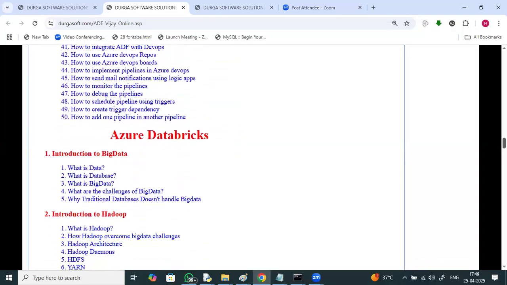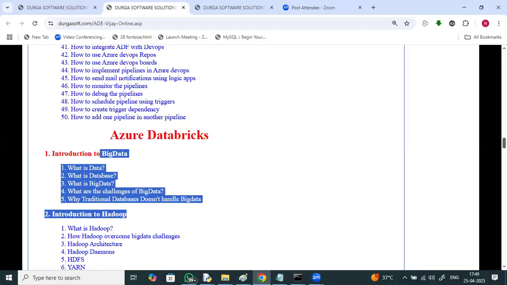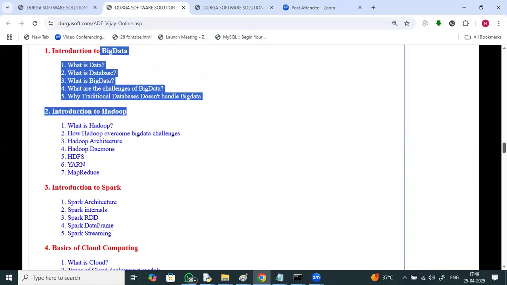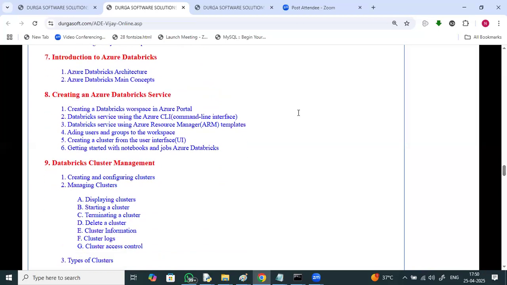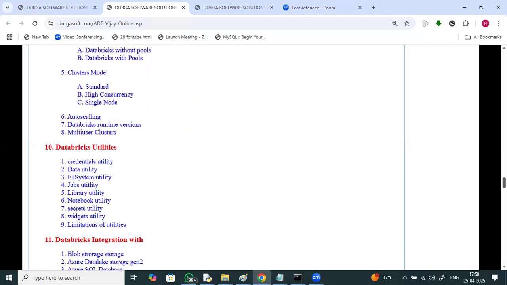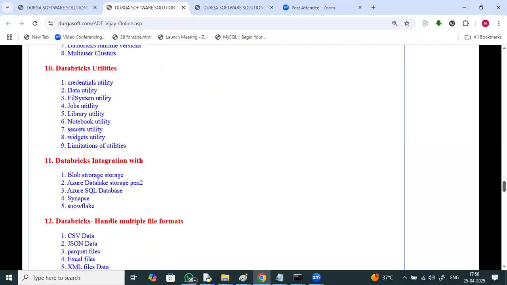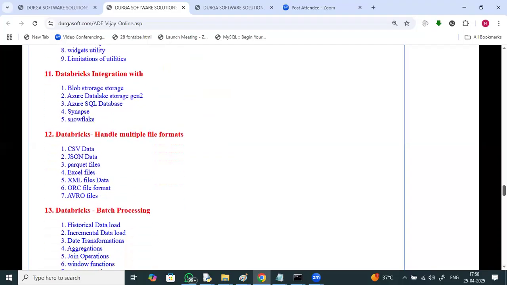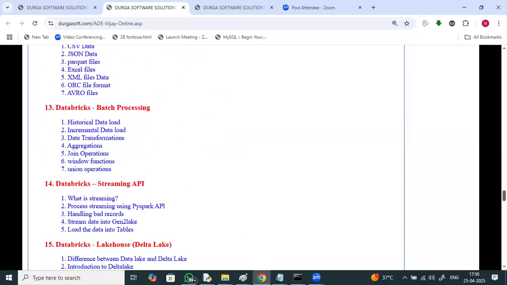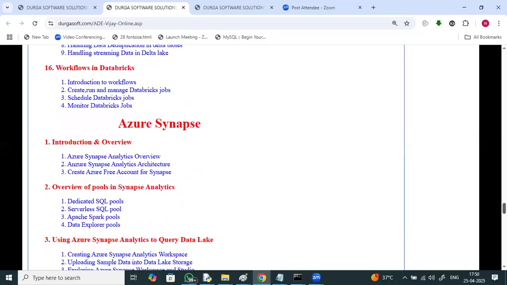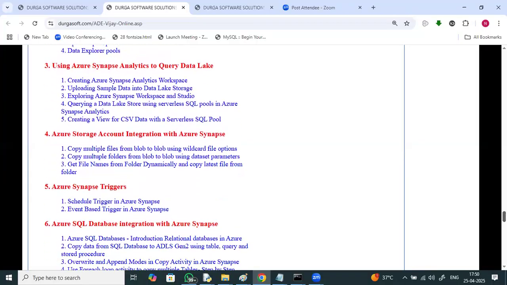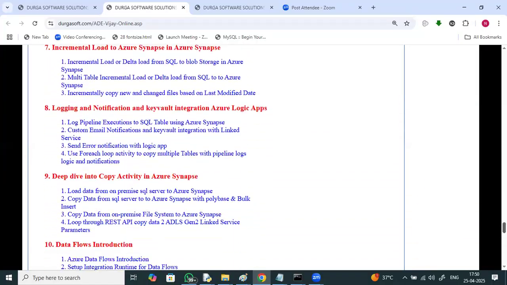Apart from this, Azure Databricks: introduction to big data, Hadoop, and Spark, working with Azure Databricks, cluster management, Databricks utilities, integrations, handling multiple file formats, batch processing, streaming API, and Lakehouse workflows in Databricks. And then Azure Synapse, which we'll also discuss in brief.